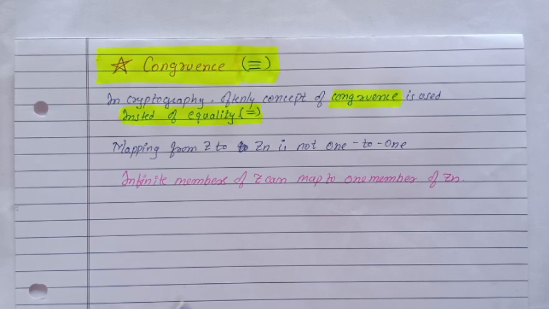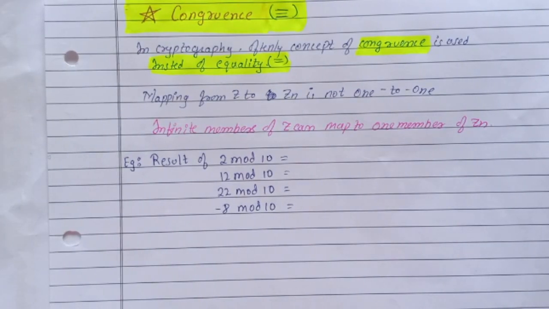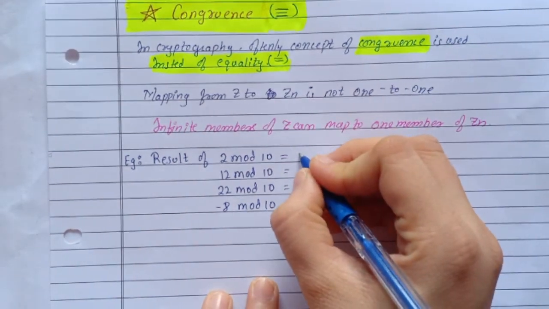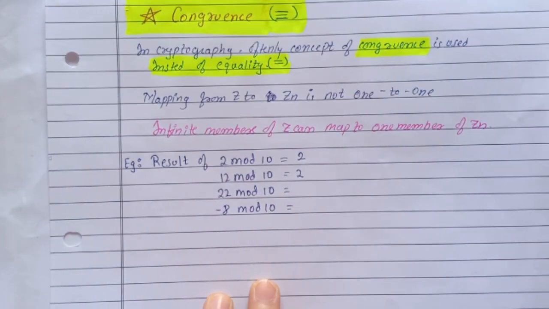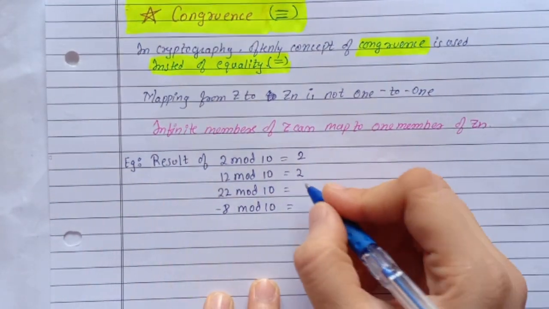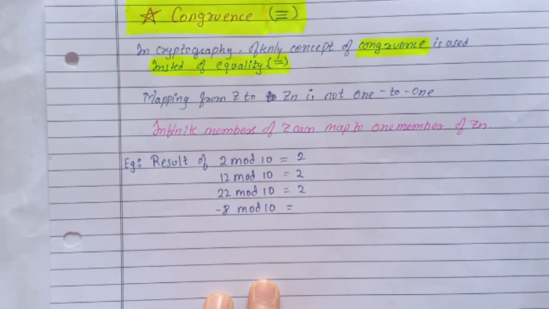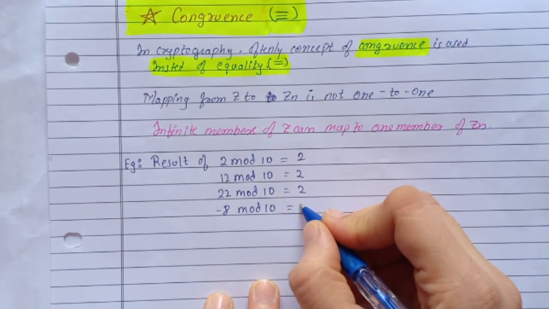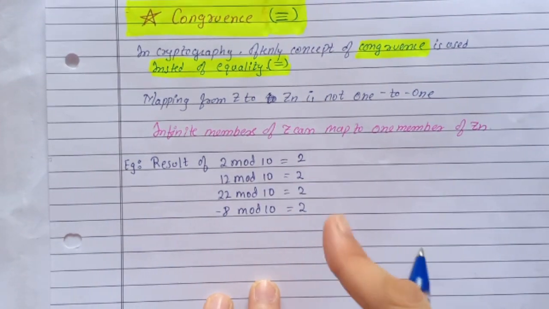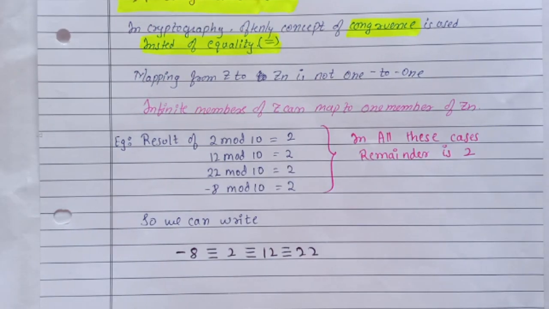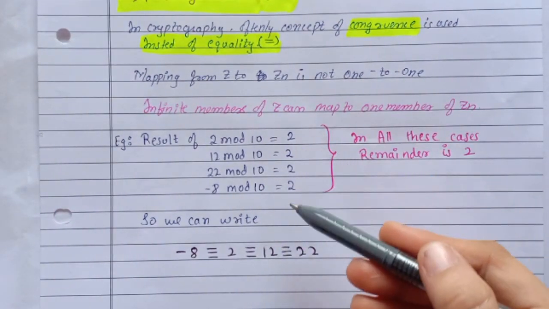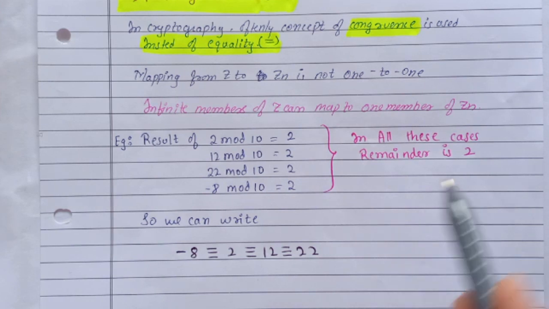For example, 2 mod 10, the answer is 2. 12 mod 10, the answer is 2. 22 mod 10, the answer is 2. Minus 8 mod 10, the answer is 2. You can check all these by solving on your calculator. In all these cases the remainder is 2.